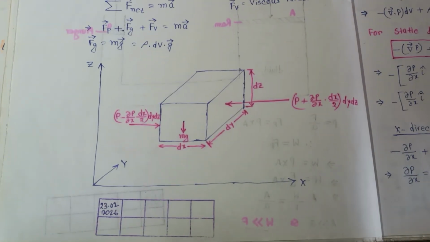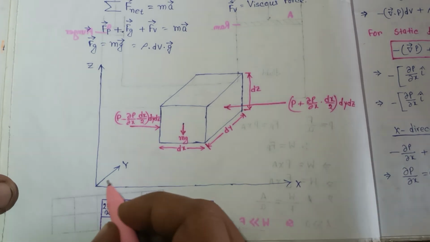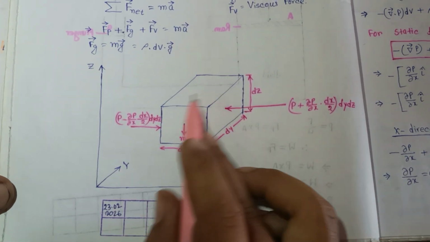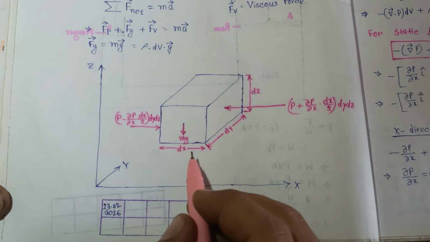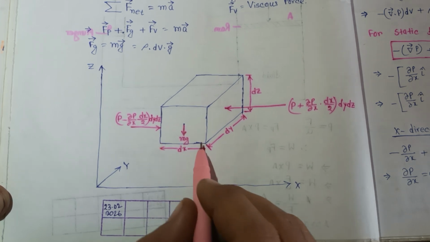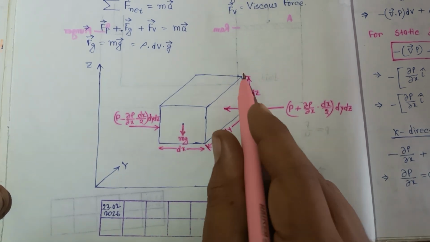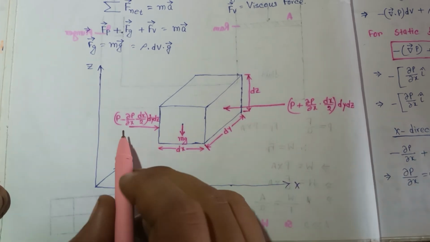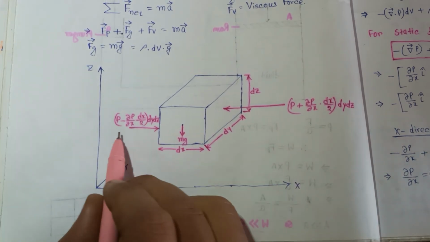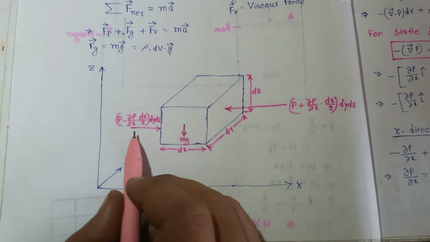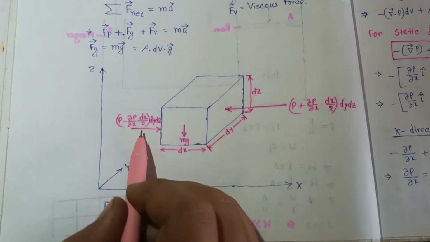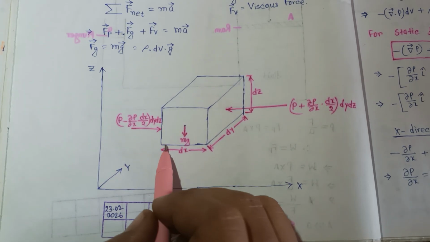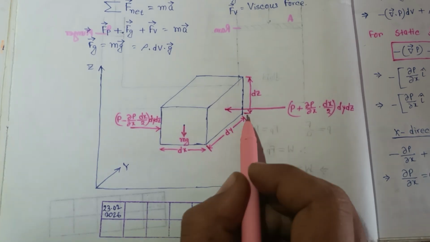So here this is the x axis, this is the y axis, and this is the z axis, and this is the small fluid element. So mg is in the downward direction, and this is dx, this is dy, and this is dz. In the positive x direction, the pressure will be P minus del P by del x into dx by 2, and the area will be dy into dz.